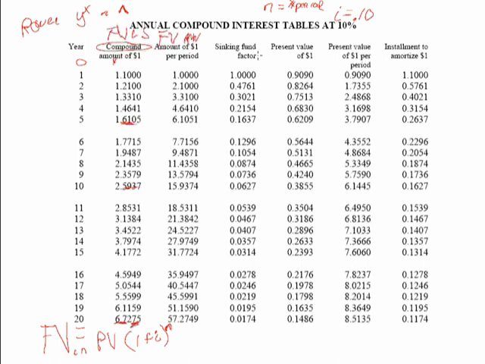The next column, the third column, is the sinking fund factor. And a sinking fund is something like a Christmas account. What you do is you start investing in January, you put a little bit away each month, so that by the end of the year you've accumulated some money to buy Christmas gifts for your family or for everybody.